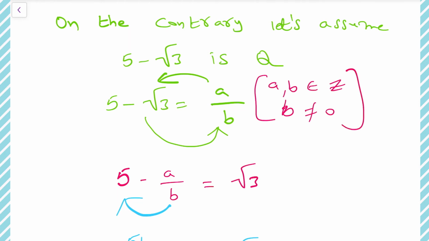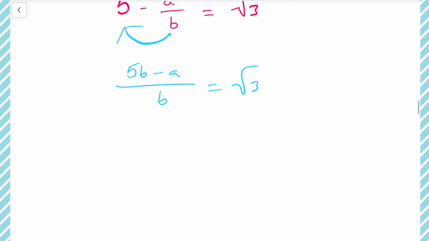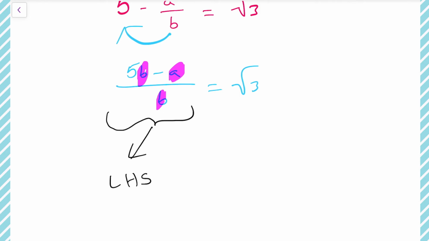Now let us observe the last line. 5b minus a by b. A is an integer, b is an integer. So whatever number you want, you can substitute in the place of this a and b, so that this total left side value will become a rational number only. Whereas this RHS, if we observe, that is root 3, is an irrational number.